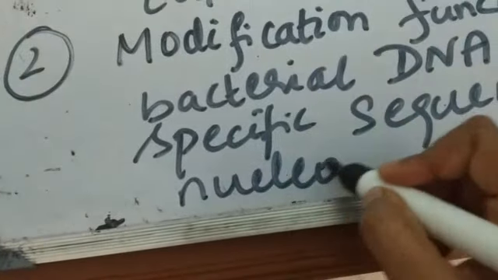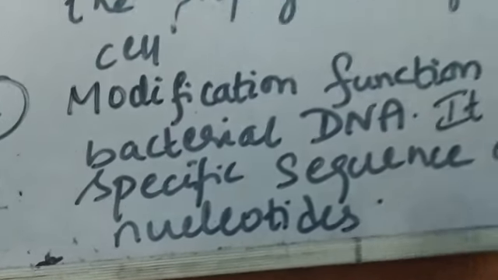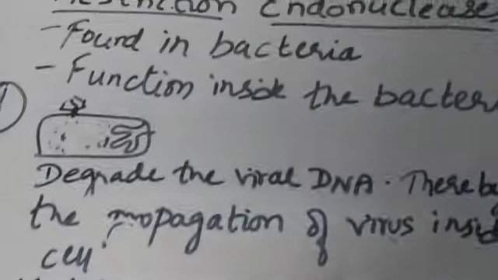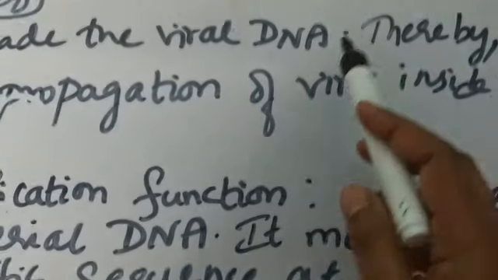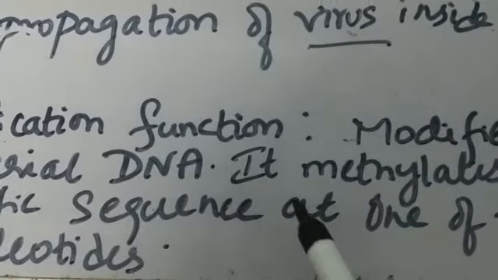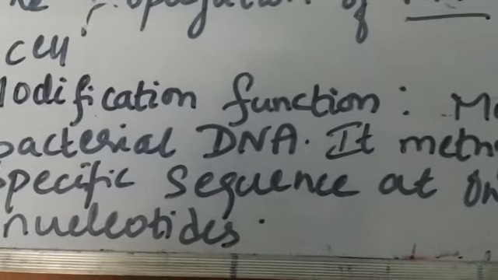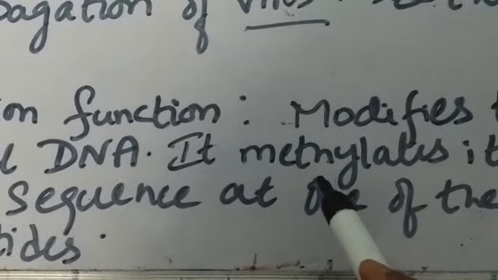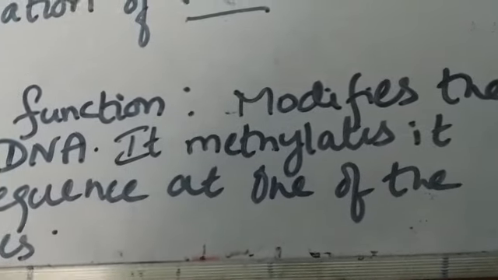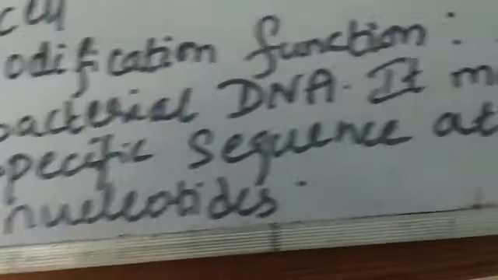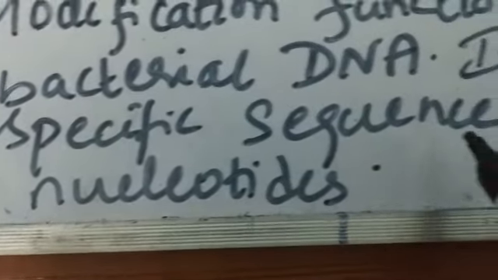Okay, let me explain this to you. What this enzyme does is, supposing the same sequence that it is recognizing inside the virus is present in the bacterial DNA, it will add a methyl group to one of the nucleotides in that specific sequence.